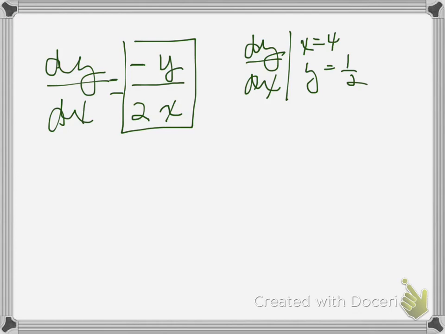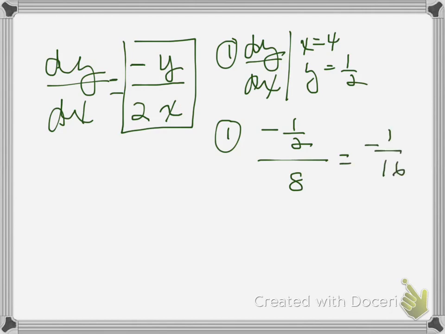So y is in the numerator, so the first one is going to be negative 1/2 divided by 2 times 4, which is 8. So that equals negative 1/16. So here comes our first equation.